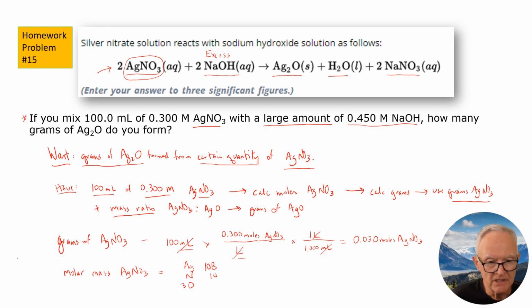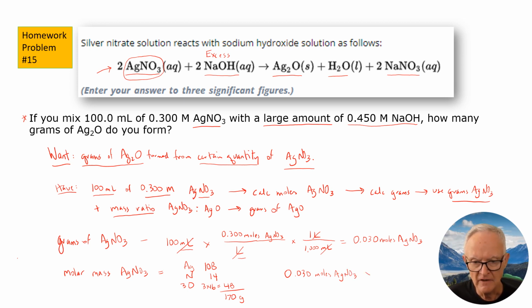Nitrogen is 14. And oxygen is 3 times 16 equals 48. If we add up 108 plus 14 plus 48, we get 118, 122, 162, 170 grams, if I've done my math correctly. So our molar mass of silver nitrate is 170 grams per mole. And we have 0.030 moles of silver nitrate.